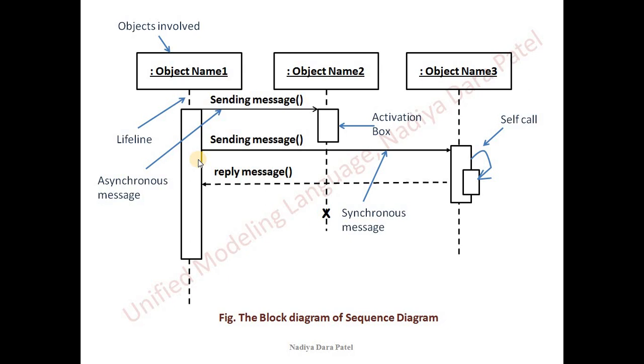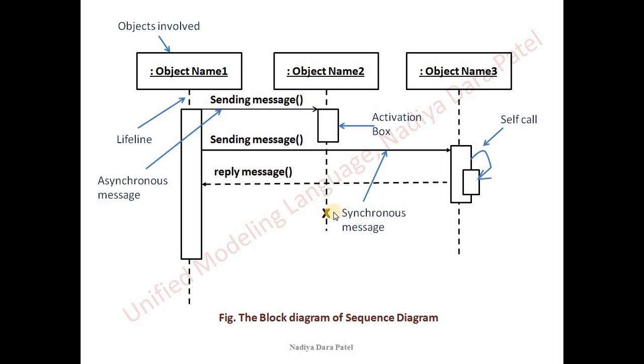So it is not compulsorily required that you start sending from the left and receiving on the right. Keep it flexible, keep it readable, keep it in sequence. That is what a sequence diagram is all about. So keep all these points in mind.